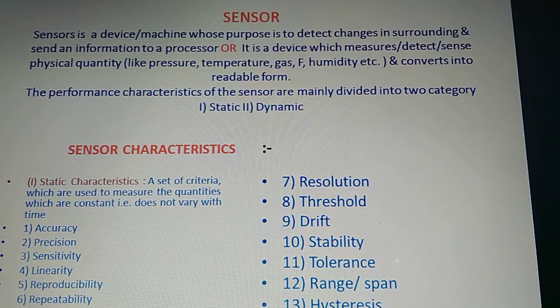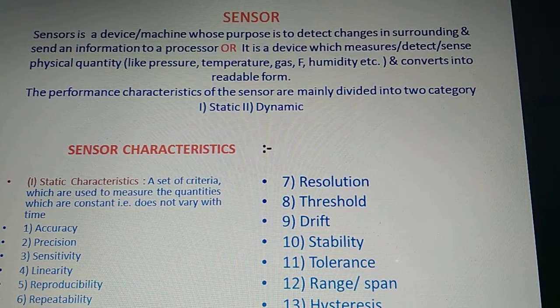Let us today start the next topic, some characteristics of the sensor. Last time we have studied some 5-6 characteristics of the sensors, and basically there are two kinds of characteristics of the sensor.